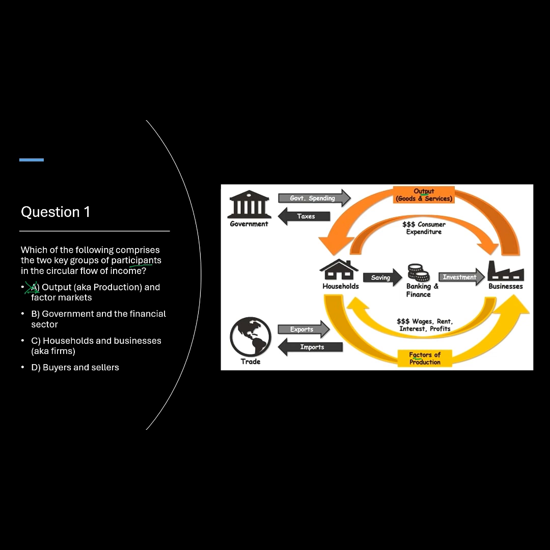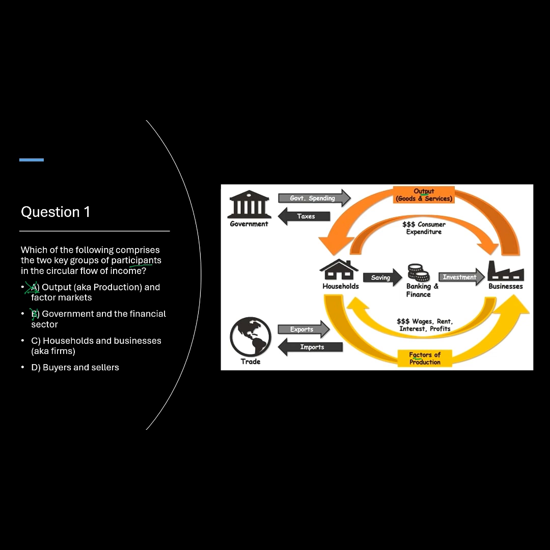B, government and the financial sector. Well, it is true that government is a major participant, but it is not the key participant. It does provide services, it does purchase goods and services, but it would not be considered the major key group. Letter C, households and businesses.